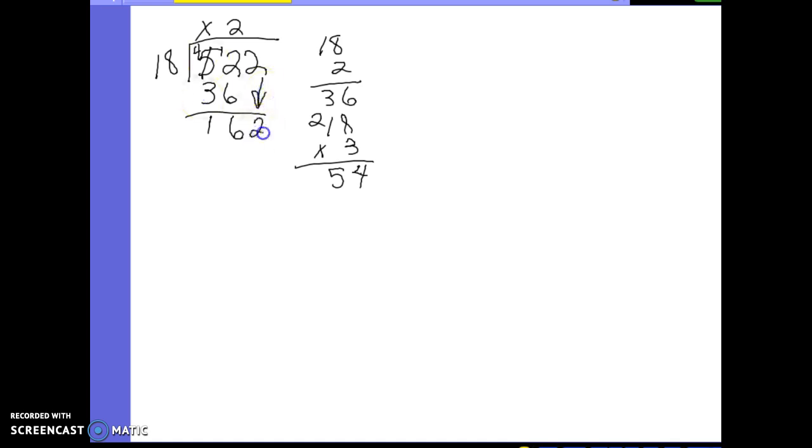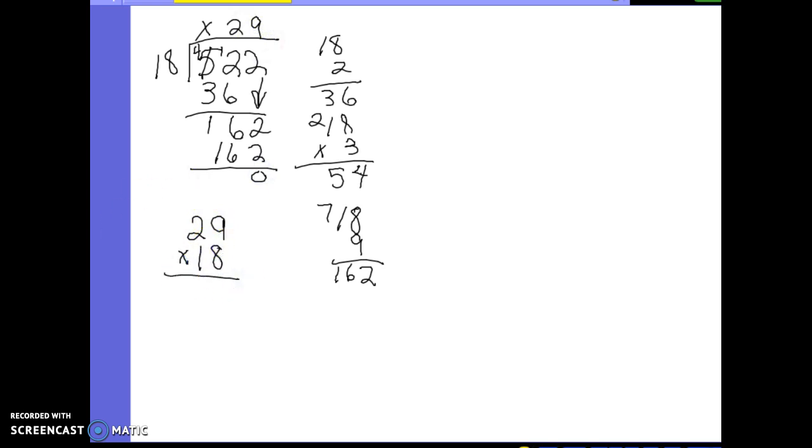Bring down the 2. Now how many 18s in 162? 9? He says 9. Let's try 9. 9 times 8 is 72. 9 times 1 is 9, plus 7 is 16. 162. Good job. Now I'm going to multiply to check.